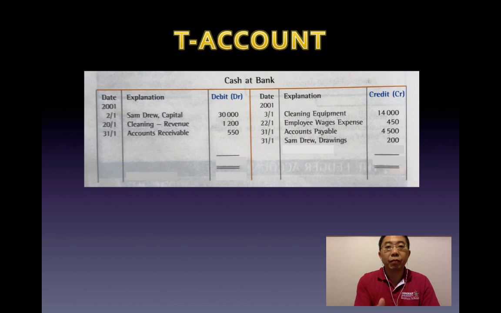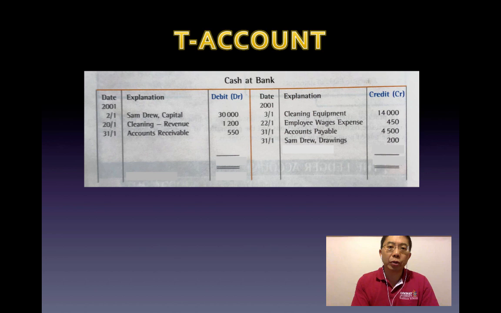And we've posted all the transactions into the cash at bank account. And if you look at the debit side, there are 3 transactions, and on the credit side, there are about 4 transactions. So what we need to do now is to calculate what is the balance in the cash at bank account. What is the balance that we will report in the financial statements later.